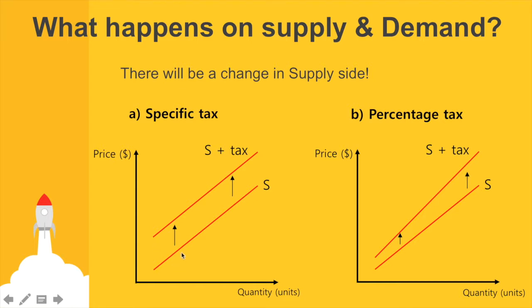So as I said before, at any price level, the amount of tax imposed is the same. So, which causes the curve to shift upwards in a parallel position.